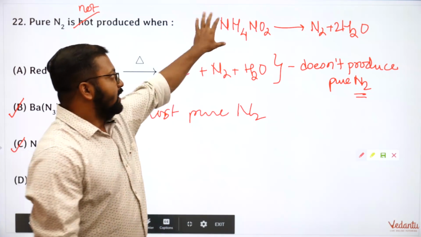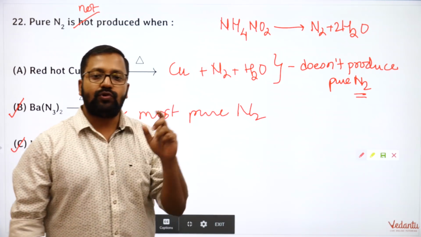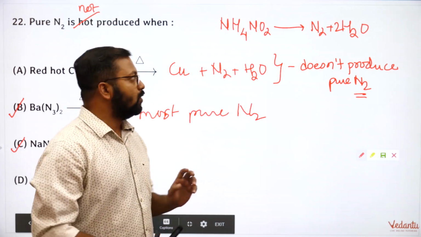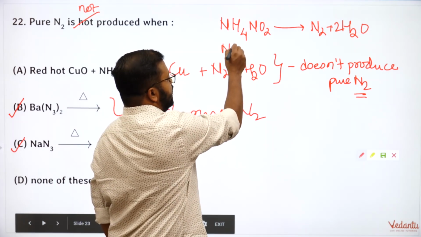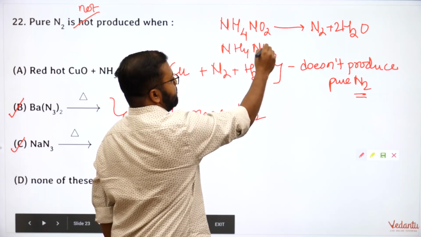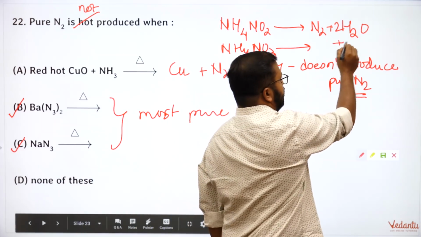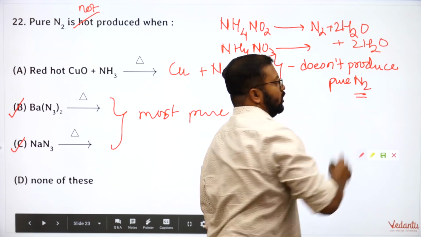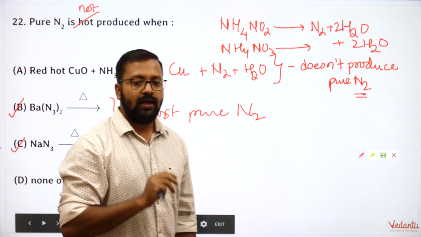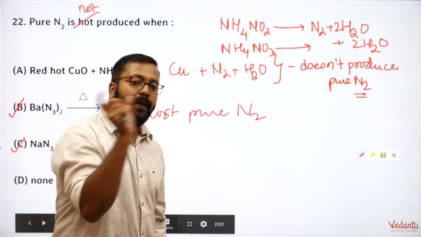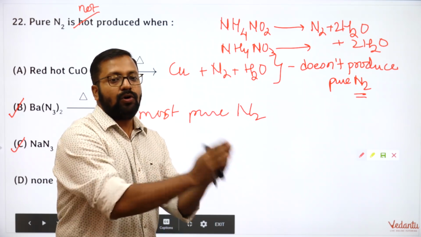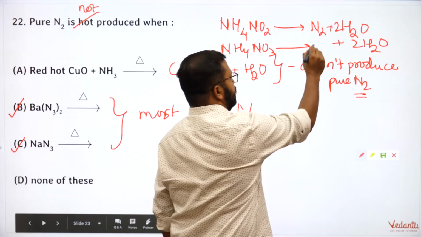So yeah, ammonium nitrite will decompose to form N2 plus 2H2O. But if I take ammonium nitrate, and I remove a molecule of water, water remove करने के बाद जो बचता है, that is your product. So you'll get N2O.